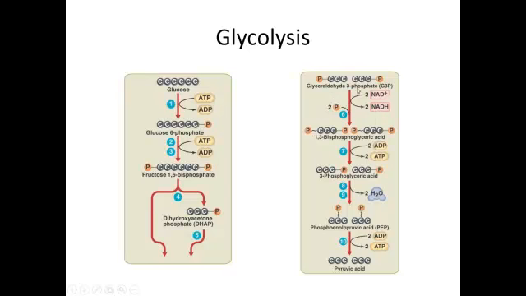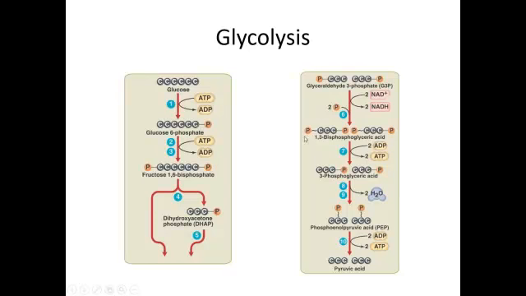Because we have 2 G3Ps, we are able to reduce 2 NADHs. In the process, we take some inorganic phosphate and put one on each of our G3Ps, and we make 2 1,3-bisphosphoglyceric acids.